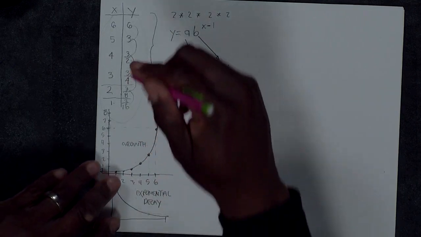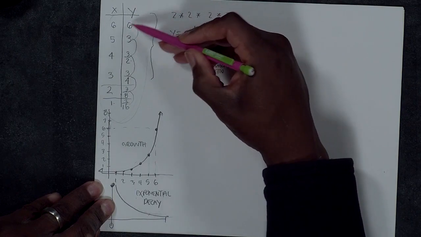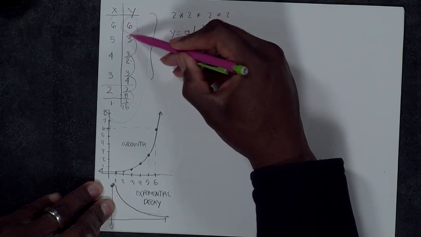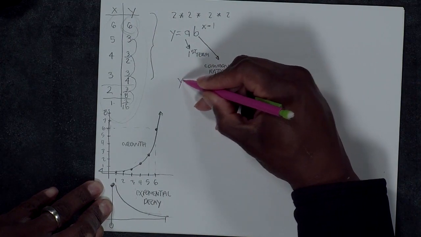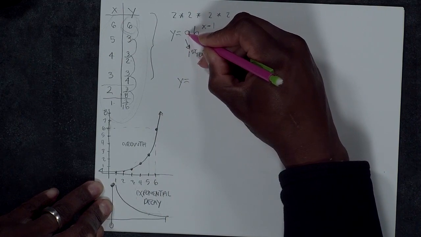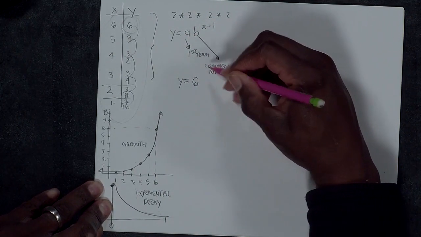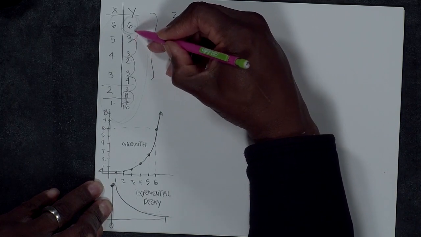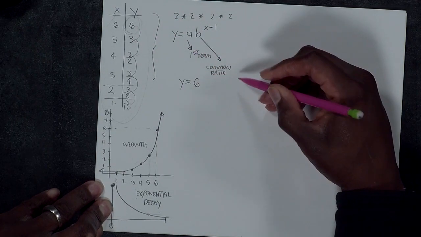All right. So our first term is, let's just use 6. So we've got y is equal to 6. The common ratio is the number that is being multiplied repetitively throughout the problem. And that number, let's just say, is half.